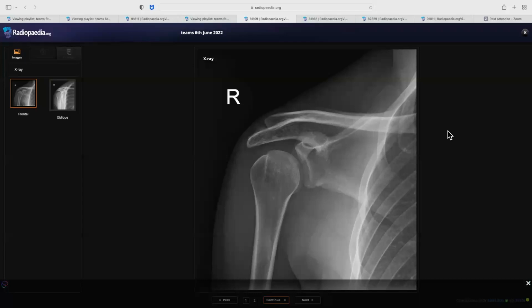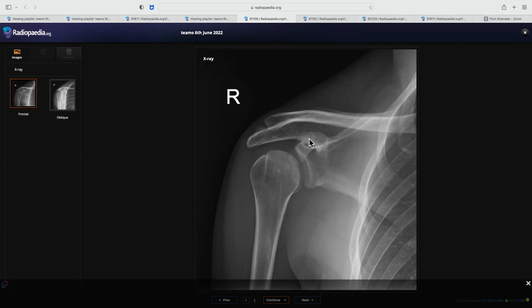By revising the ribs, I think there is just fading of the cortex of the scapula medially, but maybe this is projectional. Okay. Patient has a history of some recent exertion in the shoulder. Did some activity which caused exertion in the shoulder.